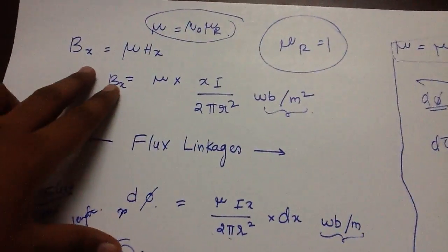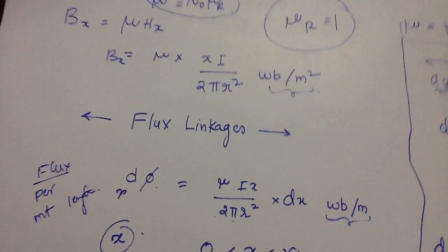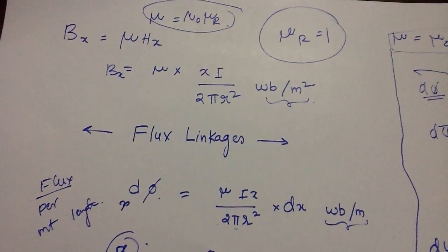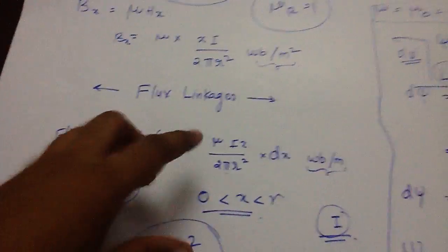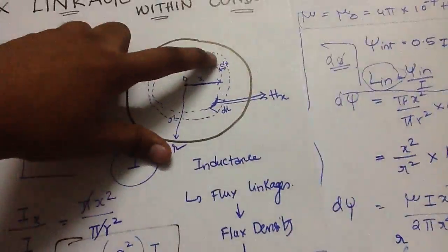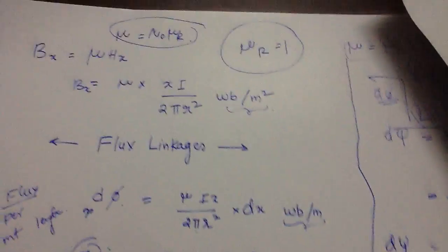Now we continue by calculating the magnetic flux density Bx, which is equal to mu into Hx. Just substitute the value of Hx in Bx. After getting that, consider a small tubular element dx. For that, you get the flux per meter d phi.